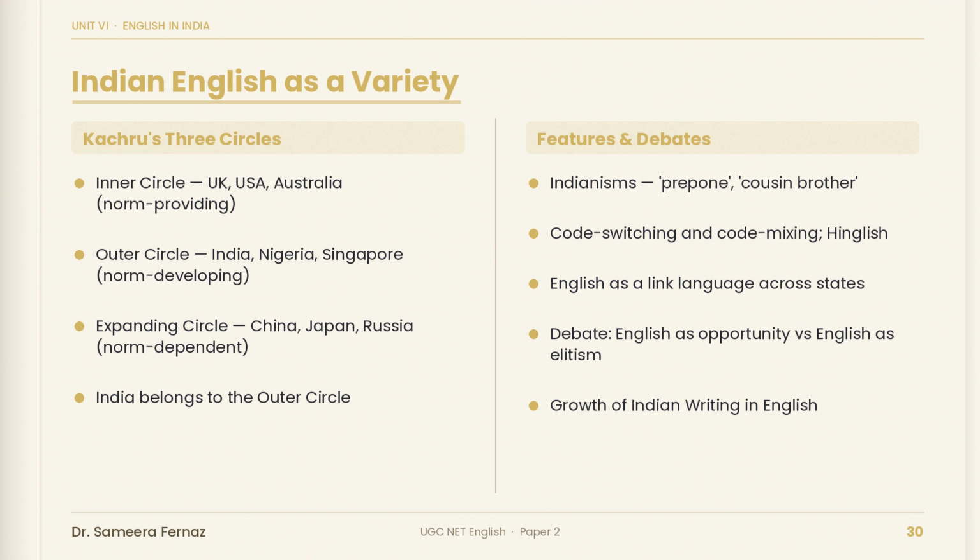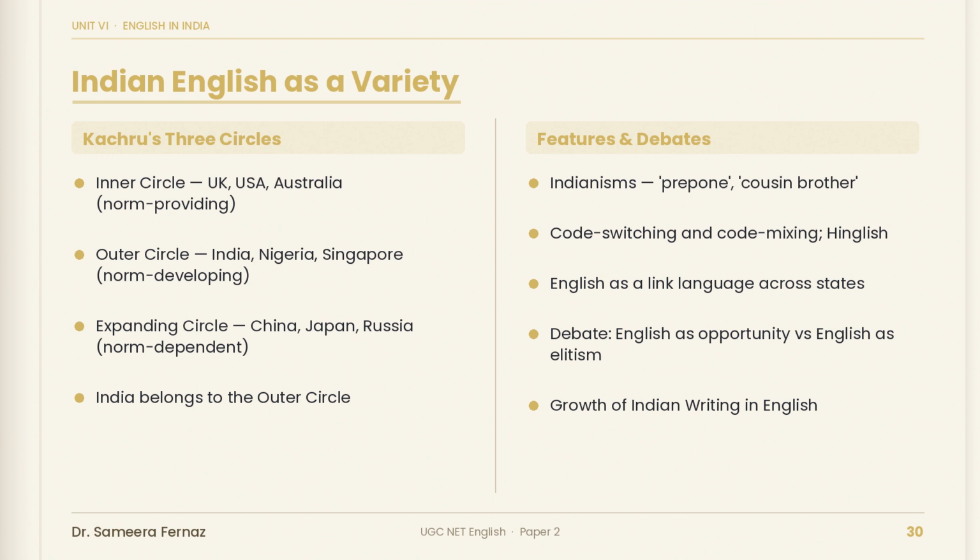Indian English has its own features, and we commonly see code-switching, code-mixing and Hinglish. English works as a link language across states, though there is an ongoing debate about whether English is an opportunity or a mark of elitism.